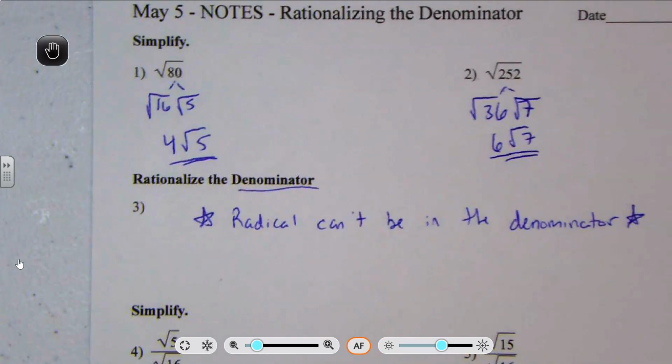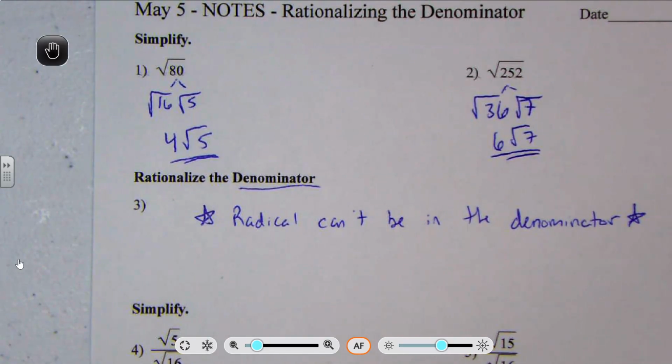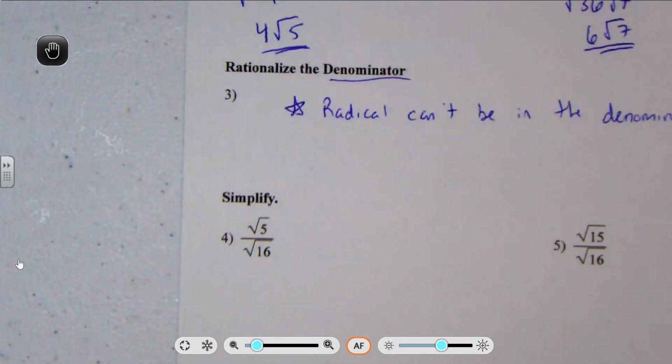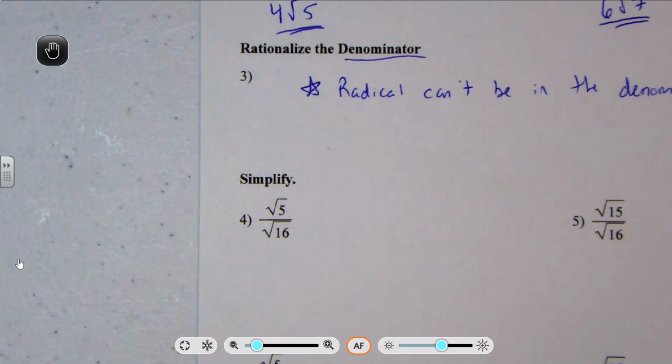We can have it to start, but to say something is simplified, I can never have a radical in the denominator. That's super, super important. In order to get rid of the radical, we're going to have to do what we call rationalizing the denominator.